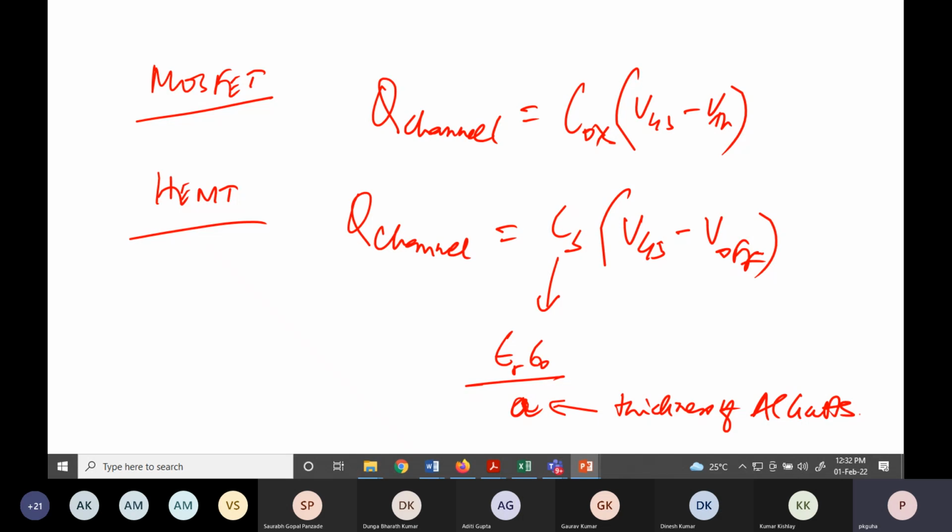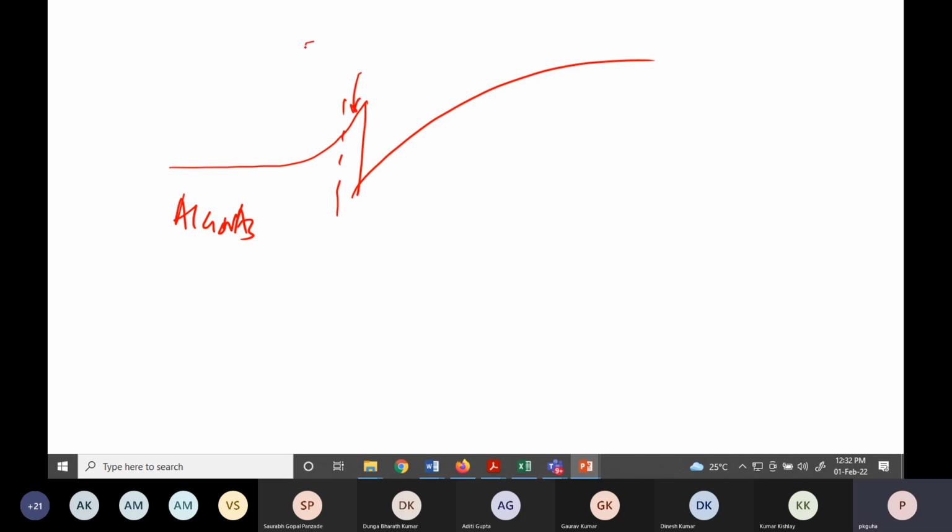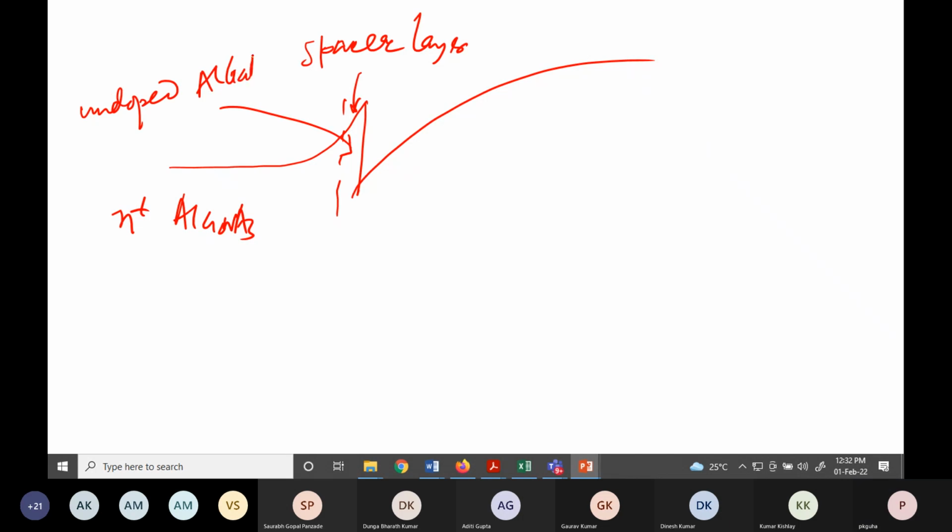Now one additional point I would like to mention here: this aluminum gallium arsenide side will have a special layer, and this special layer is made of undoped GaAs.